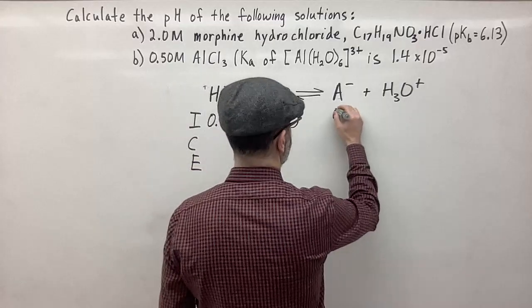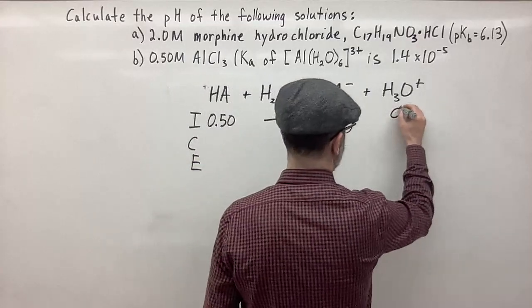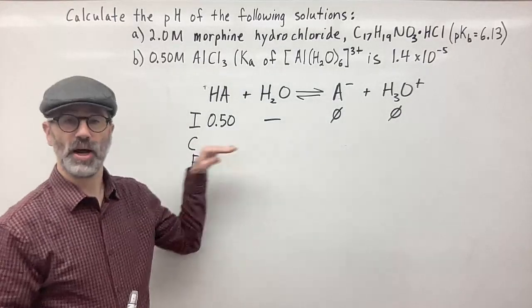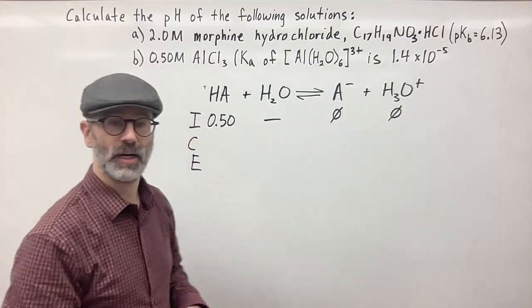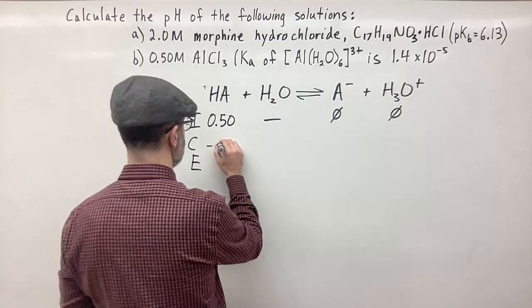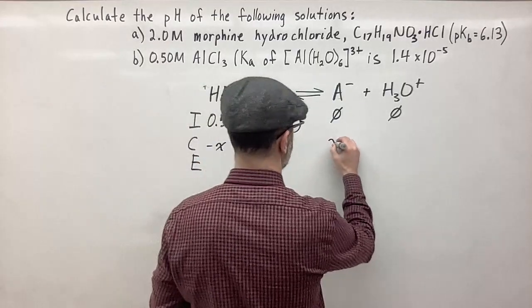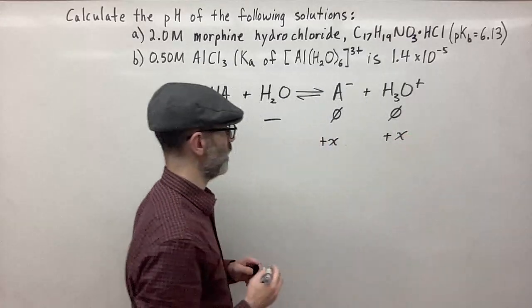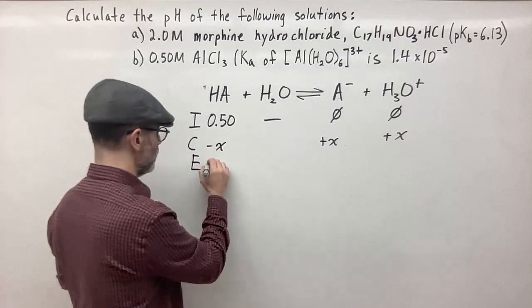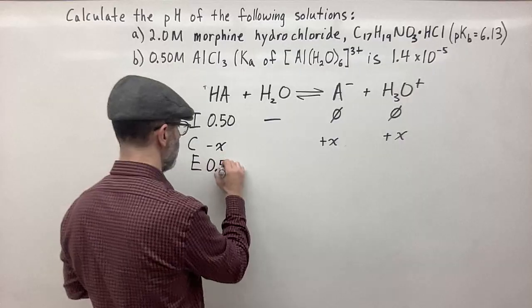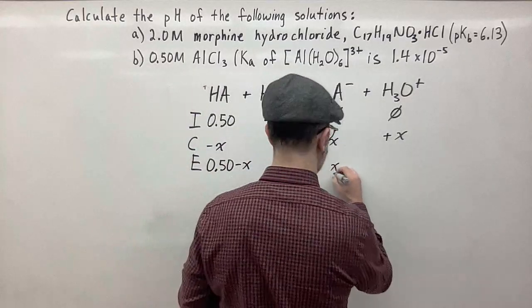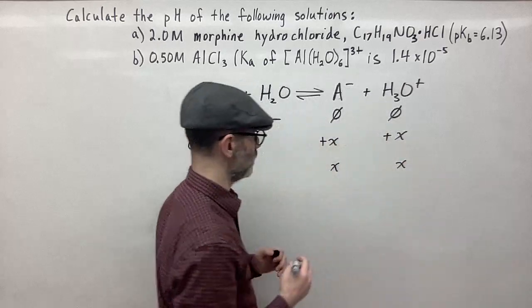And then we're going to start with 0 amount here and 0 amount there. Because we have 0 products, it's going to shift to make product. And so we're going to lose an X amount here, gain an X amount there, and gain an X amount here. Then add those together: we're going to have 0.50 minus X, X, and X.